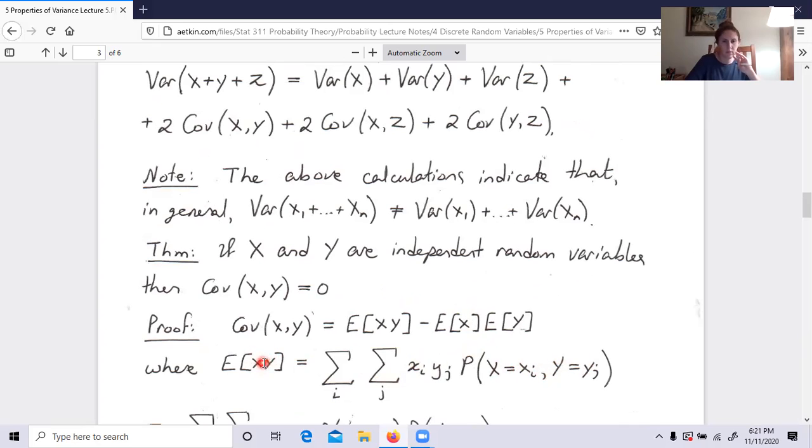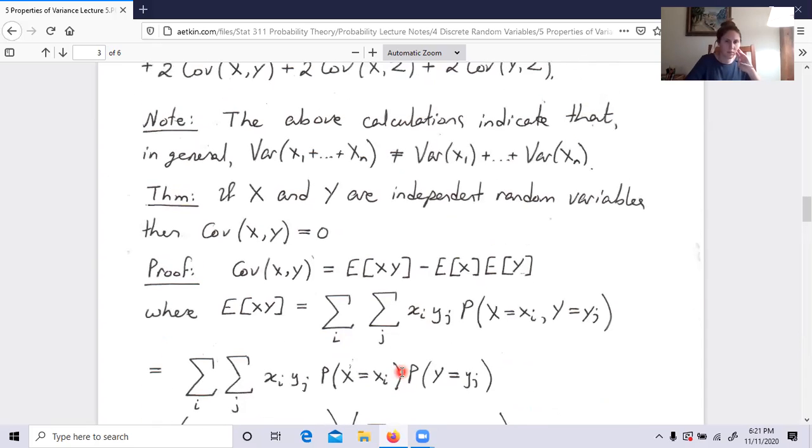Because what are the values that xy can take? I can work with my original sample space, and I just ask what values can I get? Some value of x times some value of y. Do you understand this formula? Xi times yj, guys. Look at it and confirm that you understand, or do I need to speak more about it? That the expected value of x times y will look like the summation.